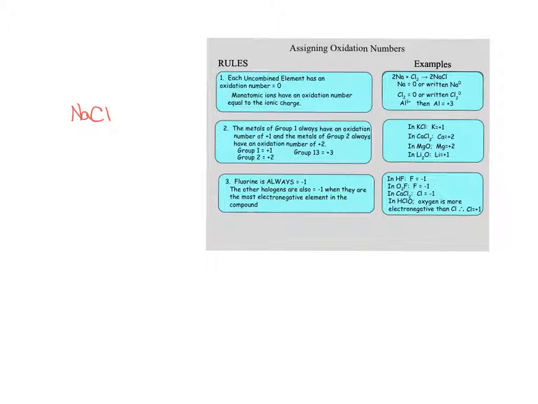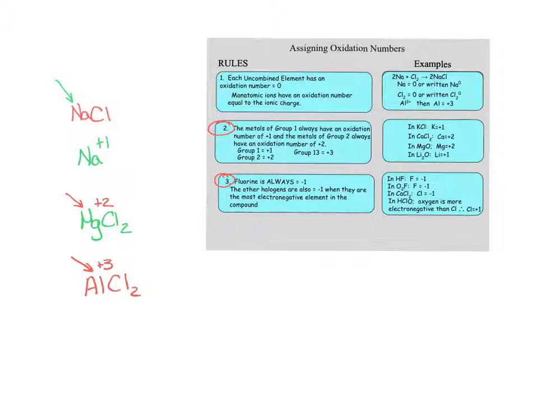Sodium is a group 1 element, so that sodium must have a +1 charge. If we had magnesium chloride, magnesium is a group 2 element, so it must have a +2 charge. If we look at aluminum chloride, aluminum is from group 13, it must have a +3 charge. So that takes care of number 2.